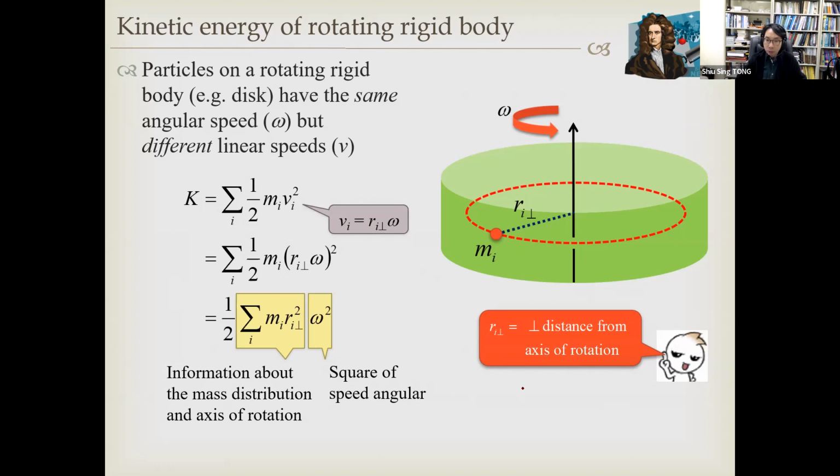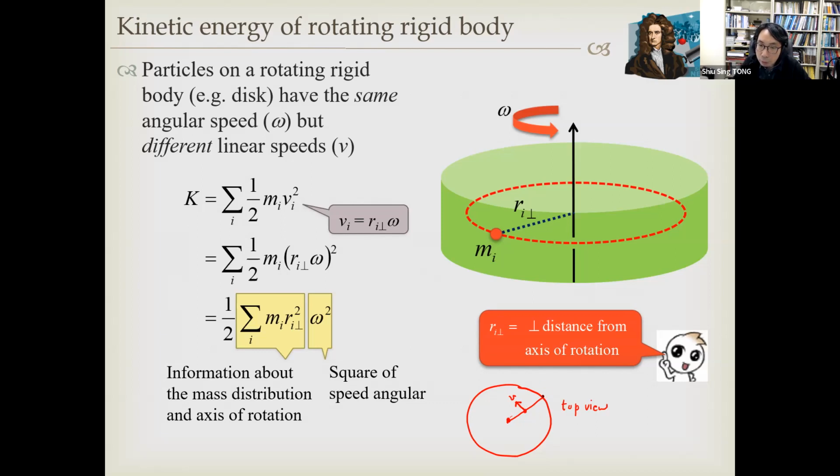Now let's draw a top view of this object. This is the center of rotation. The axis of rotation is pointing out of the page, right? Along the radius of the rotating object, if you pick a particle here, it may have a certain speed, which I call v. This is a linear speed, and the linear speed is of course perpendicular to the radius.